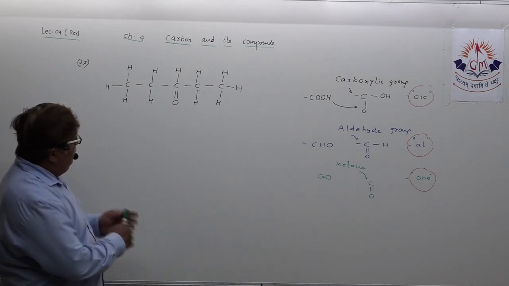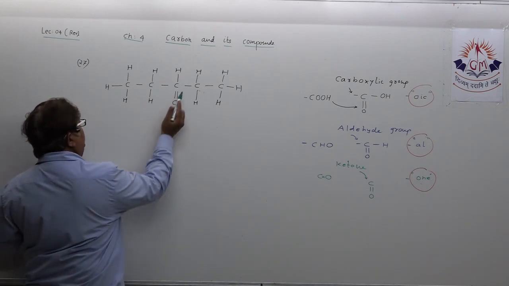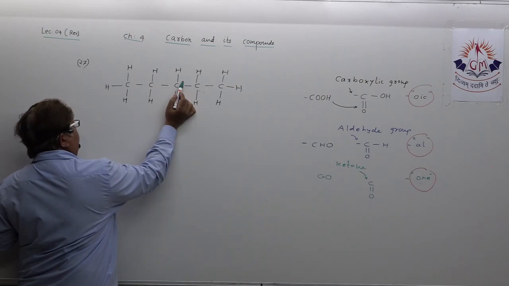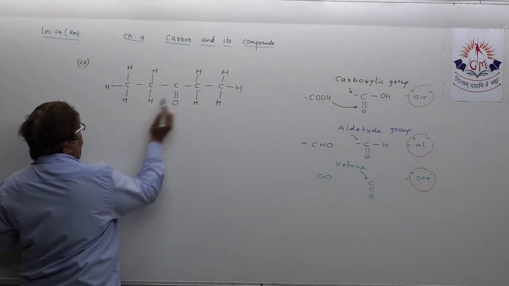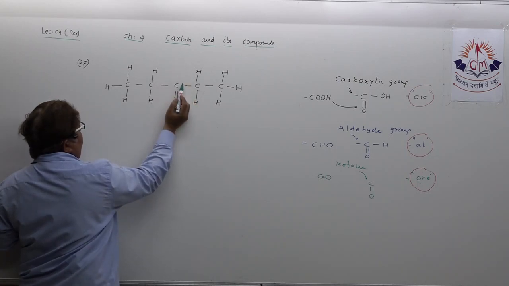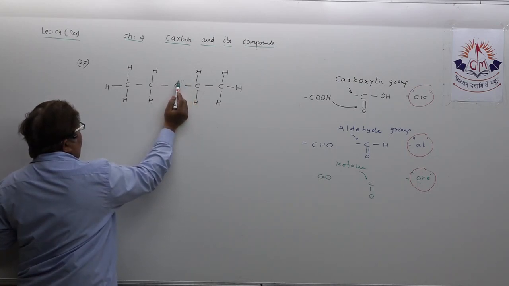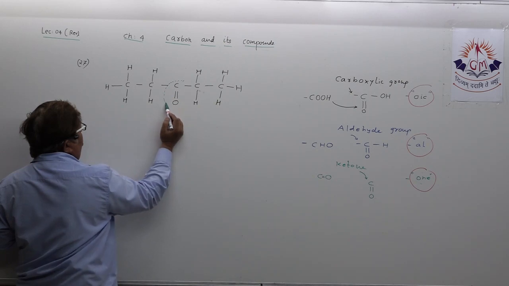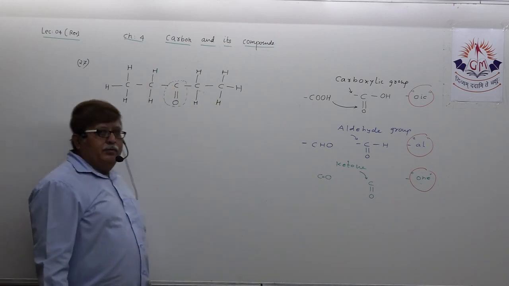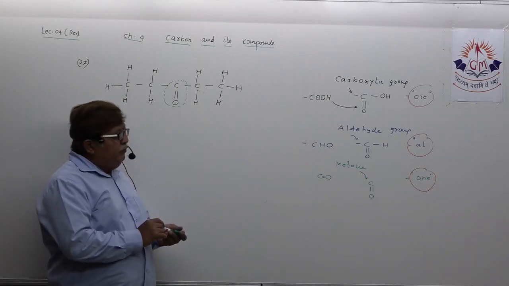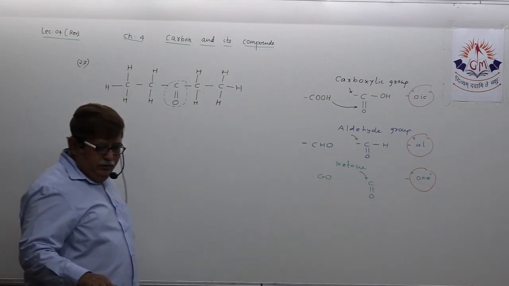Okay, see the presence of C=O means the suffix needs to be -one.